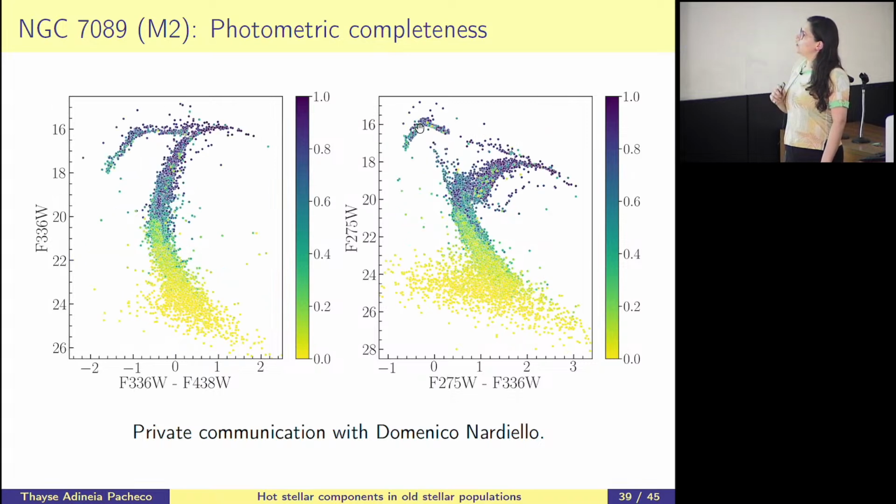But when we look at the blue and ultraviolet color magnitude diagram, like this on the right, we can see that horizontal branch and subdwarfs or extreme horizontal branch are dominating the light of the globular cluster.